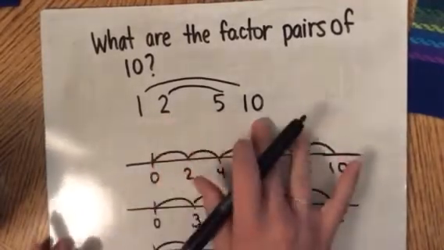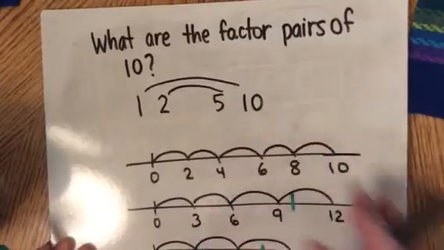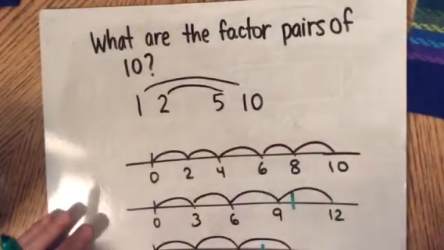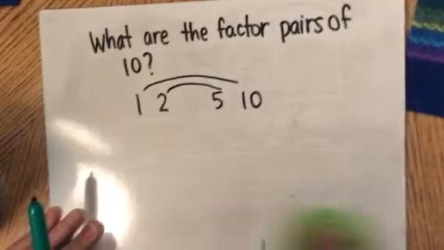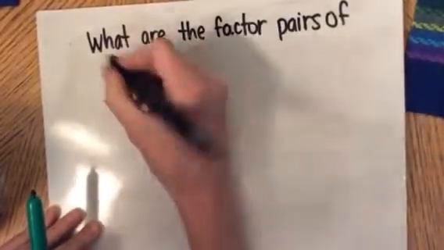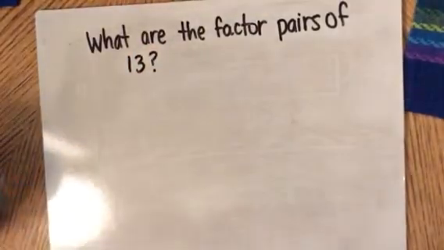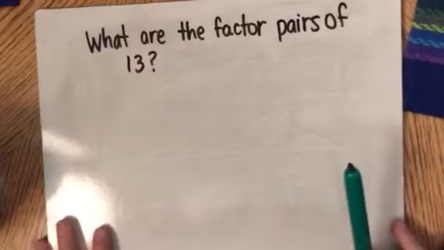So these are all of the factor pairs and all of the factors of 10, okay? So now let's try a different one. I want you to find all of the factor pairs of 13. What are all the things I can multiply together to get 13?